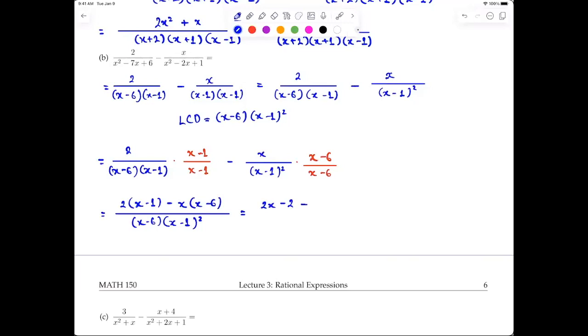So here, minus x squared plus 6x over x minus 6 times x minus 1 squared.